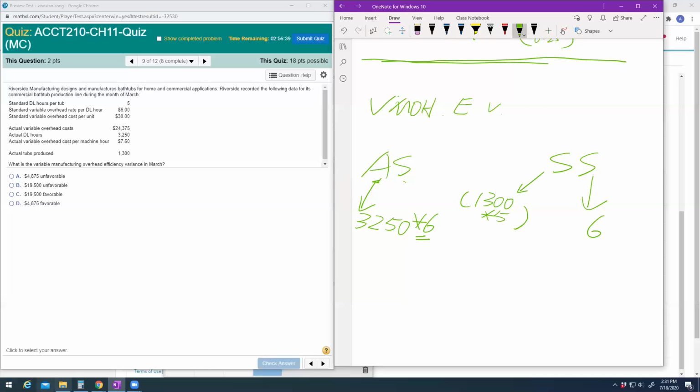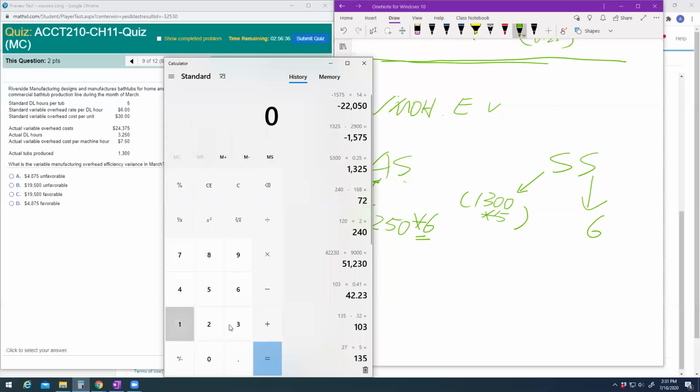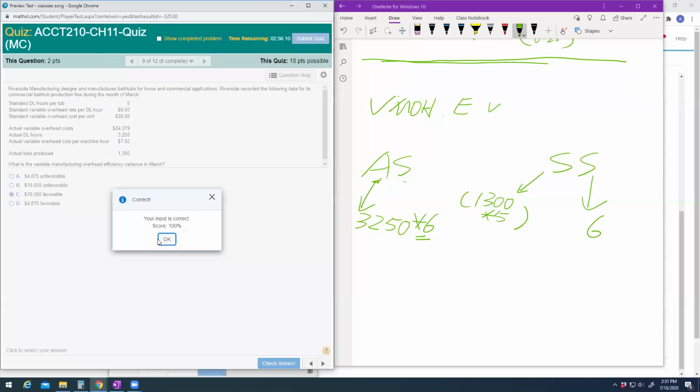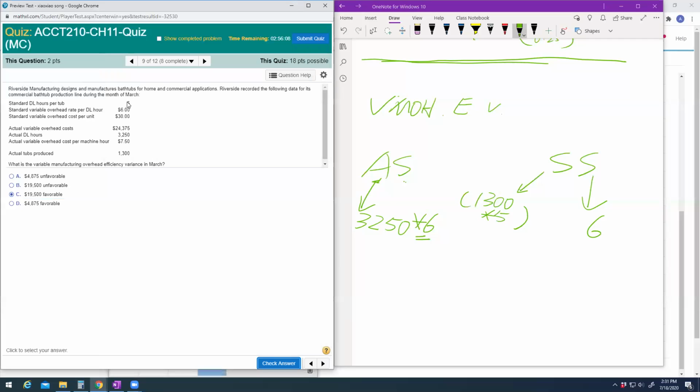So 1,300 times 5 is 6,500 hours based on the standard, but you only used half of it. So you will have a favorable result. Then times 6, we have 19,500 favorable. They give you a lot of extra information. Don't be confused by that. Focus on actual and standard. Focus on what you need.